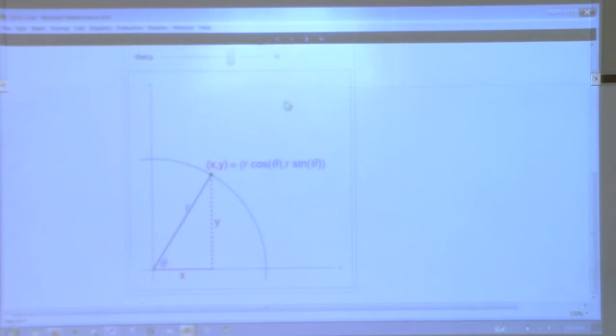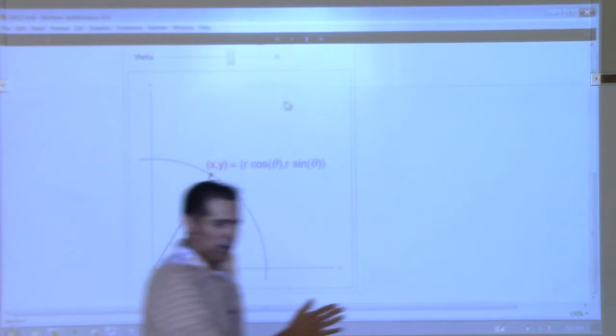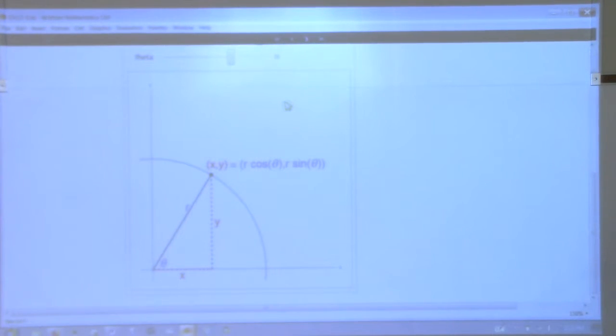If I wanted to get to my computer, then you either tell me how far to go x, and then how far to go y. That's one way, Cartesian. Or you tell me rotate by 70 degrees, and then walk out a distance of whatever it is, right? And that will get me to that point.